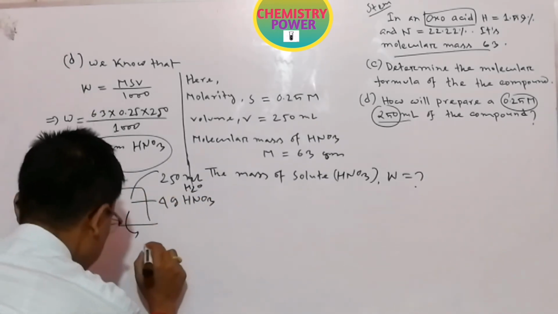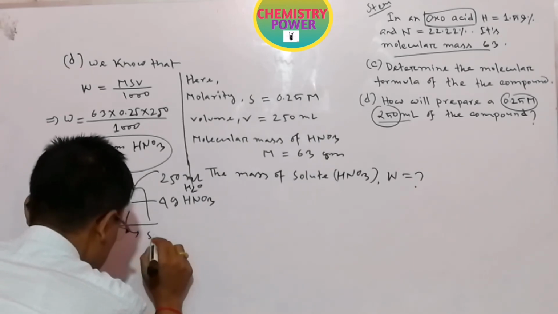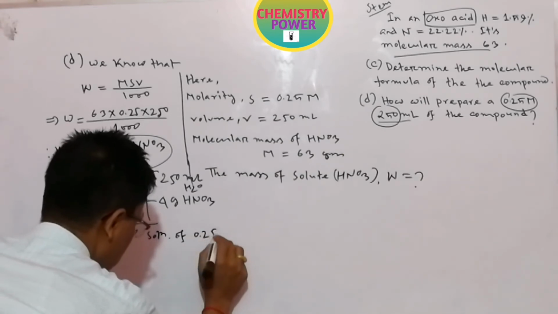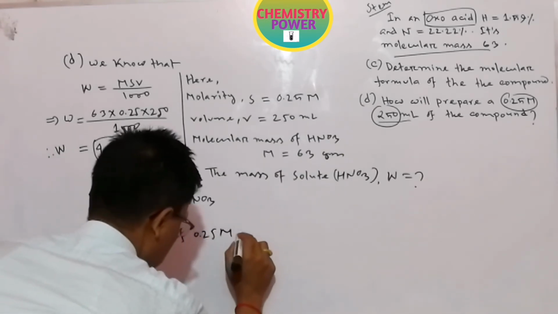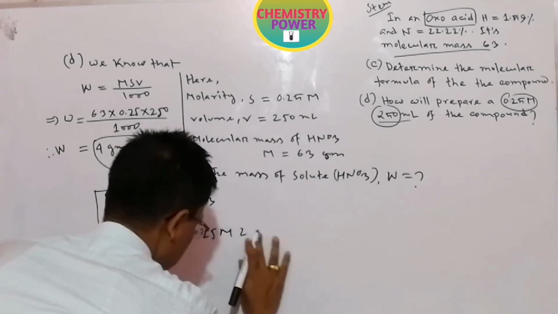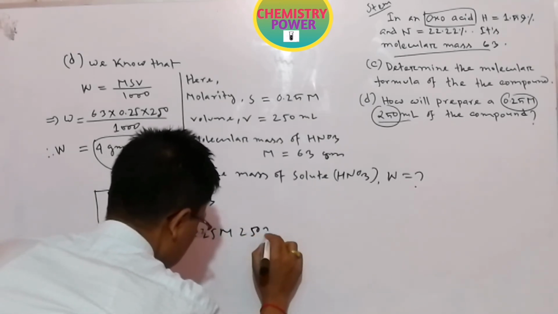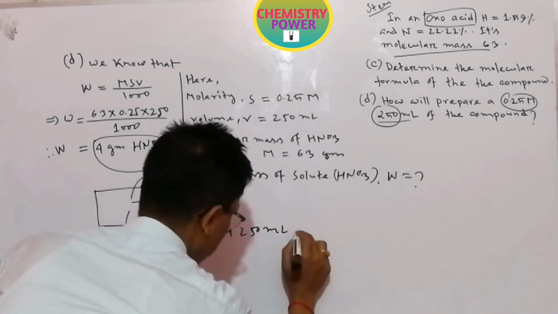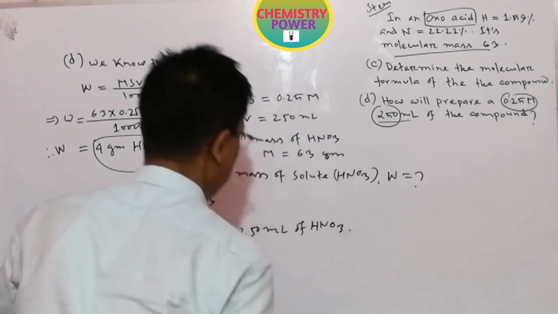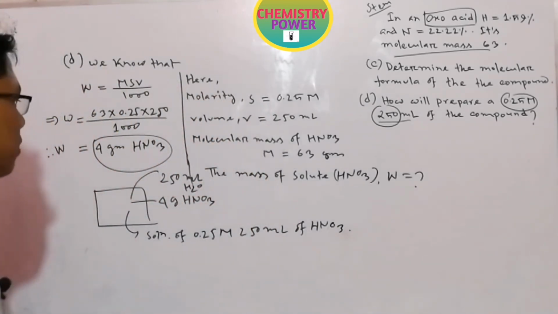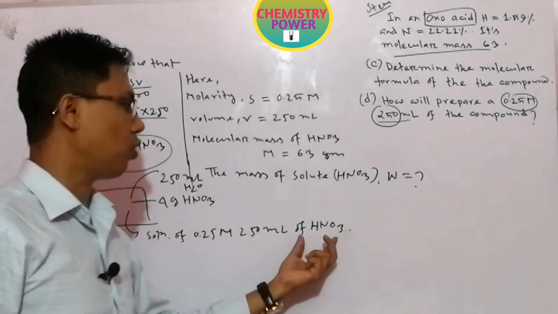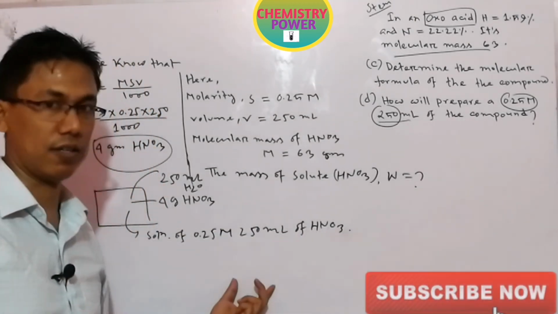Then that will be the solution of 0.25 molar, 250 ml of nitric acid. In this way, 0.25 molar, 250 ml of nitric acid is prepared.